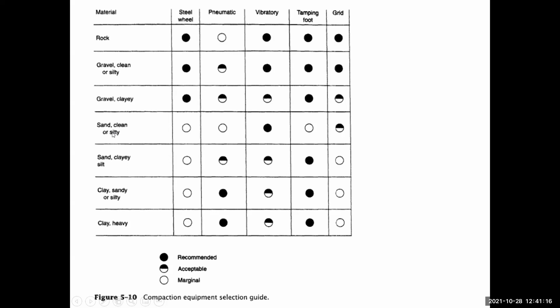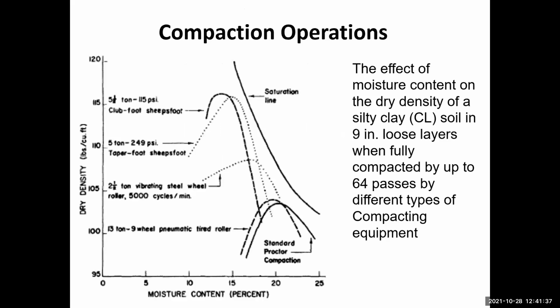For silty sand or clean sand, a vibratory roller may be acceptable, or maybe a grid roller. So this table may be very useful to select the type of roller for the type of soil which we may have.